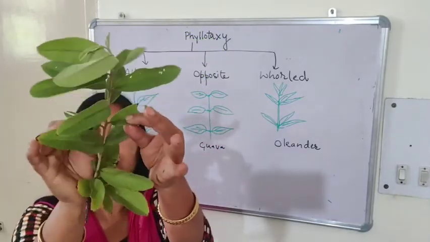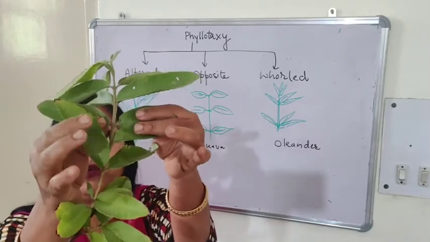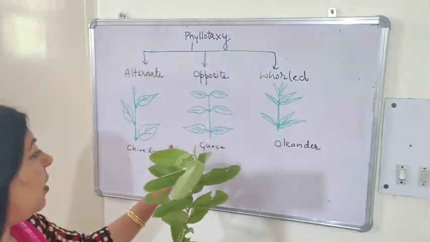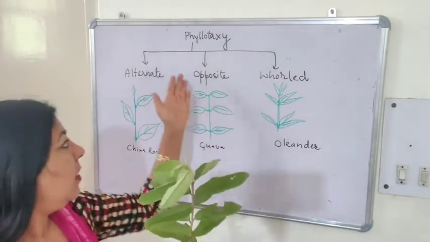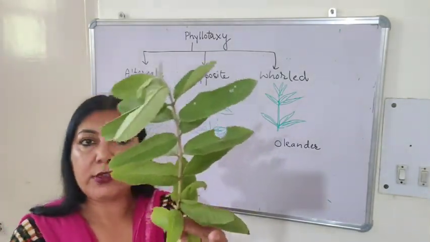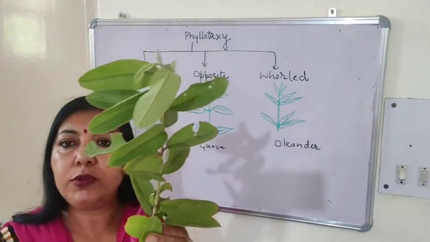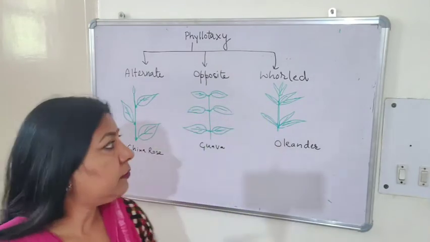Here also, you can see here. From each node, there will be two leaves arising. So this is called opposite. It is, for example, in case of guava, this is a leaf branch of guava having opposite phyllotaxy.